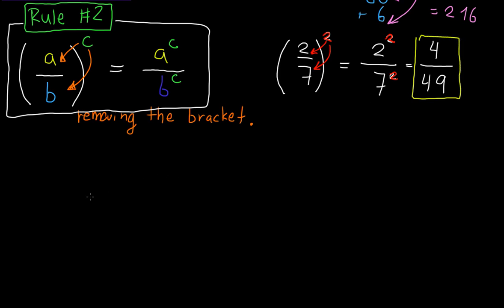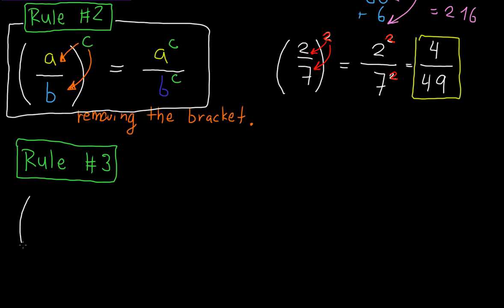Rule number 3. Rule number 3 is a super important rule. It's the same thing, an identical thing. I'm going to try to use the same colors, which I failed. So let me erase it.